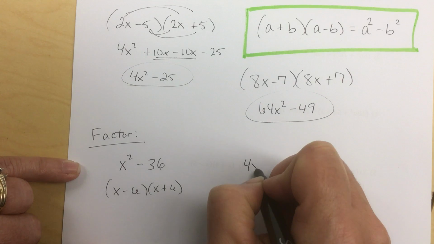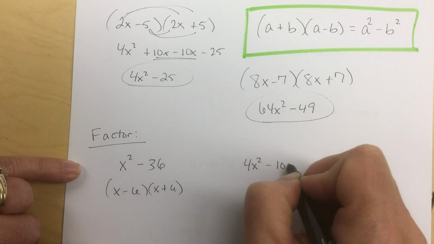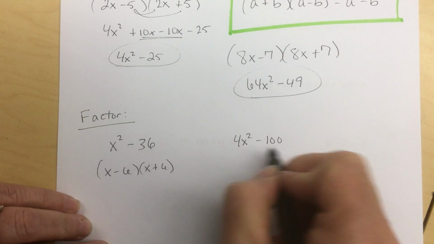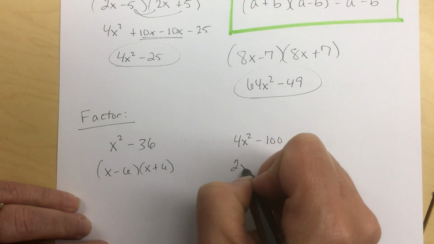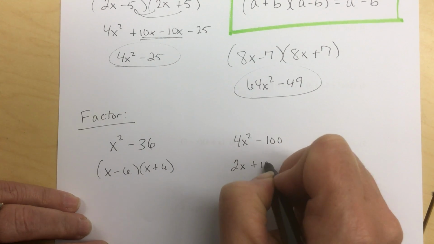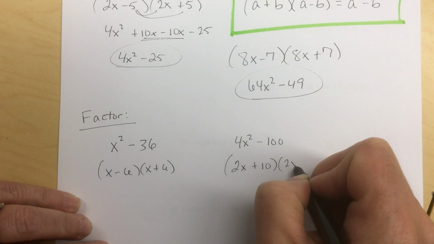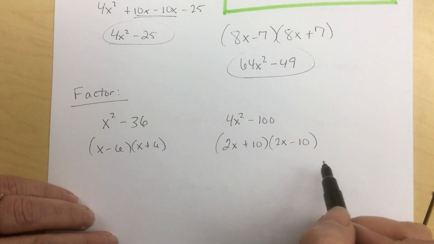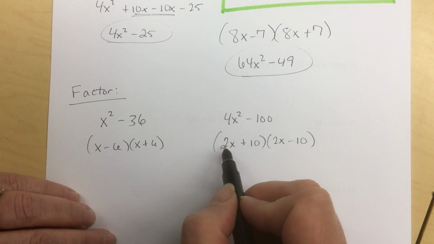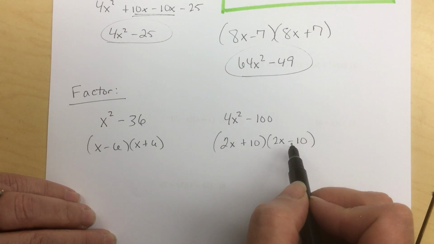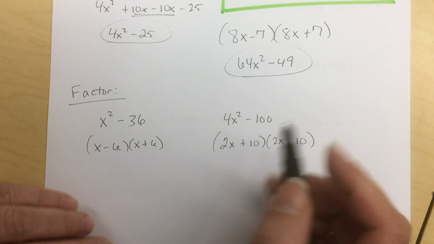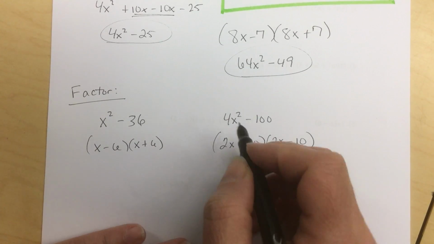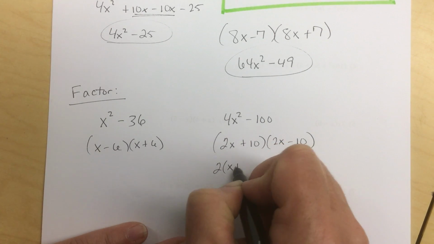If I have 4x squared minus 100, well, both of those are perfect squares. So that'll factor into 2x plus 10 and 2x minus 10. Now this isn't factored all the way because there's a common factor in both of those. So if you were told to factor completely, you would then factor a 2 out of both of them.